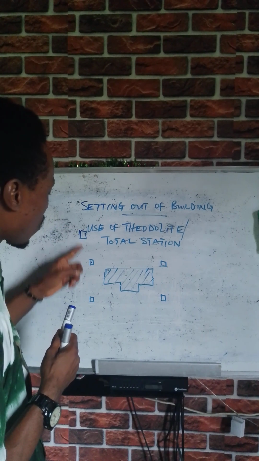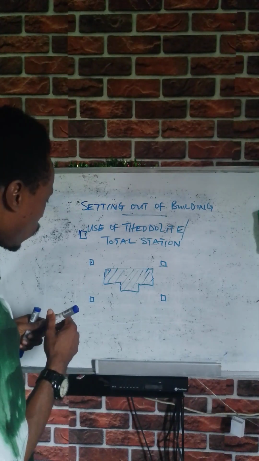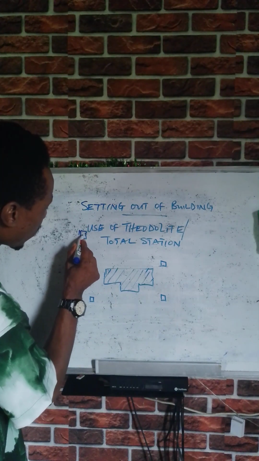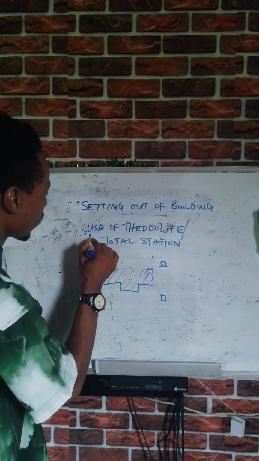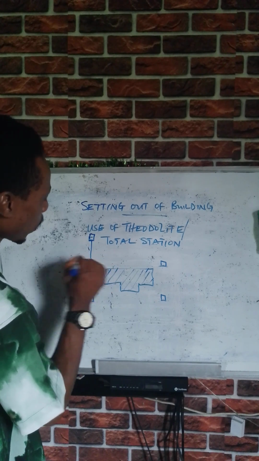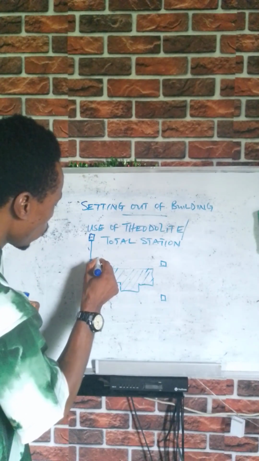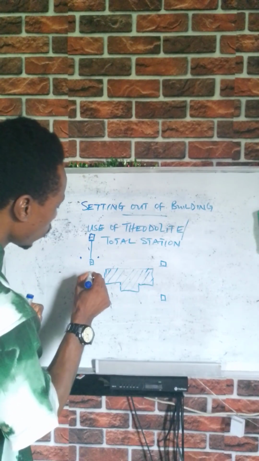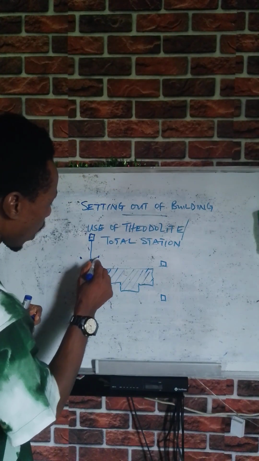So when you reference it into the space where you intend to carry out the construction, assuming you have taken reference from this point, now you have taken the reference to this point. Once you have established this point, you need to position your theodolite. Let's assume this is the tripod.